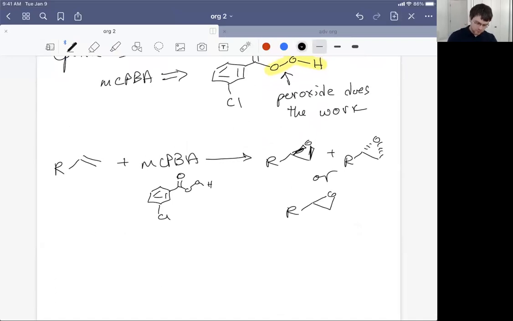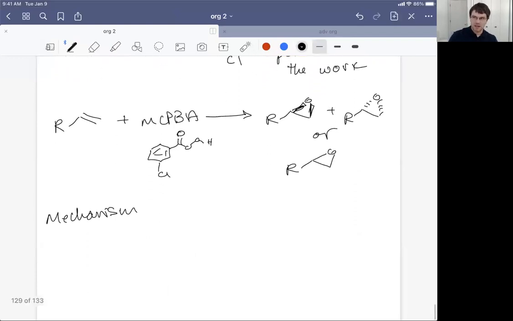Okay. Now, the mechanism is actually one of these where it's highly complicated, but restricted to mostly a single step. So I'm not too worried about pushing the arrows. But if we wanted to, and I know we want to, we could consider the curly arrows just for the sake of discussion.